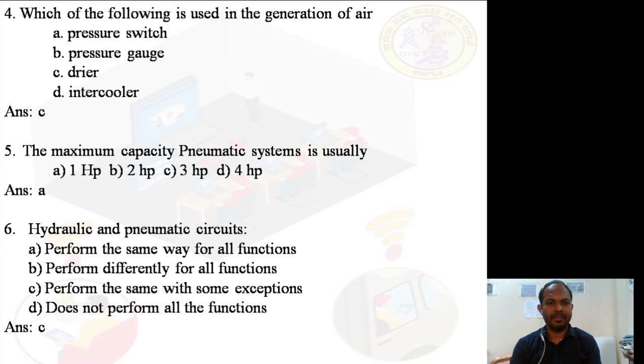When you compare the hydraulic and pneumatic circuits, the performance is the same way for all the functions, performs differently for all the functions, performs the same with some exceptions, or does not perform all the functions. The performance is the same with some exceptions.